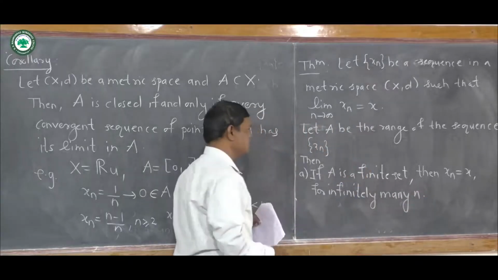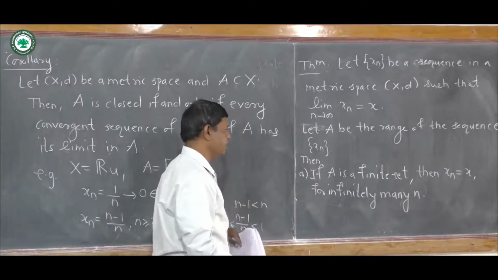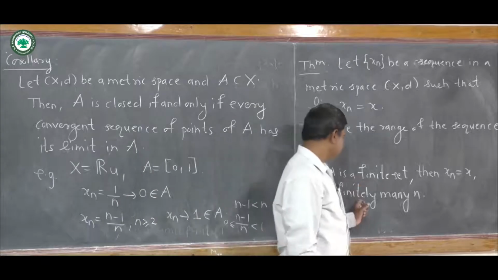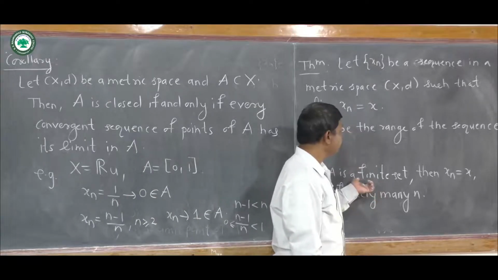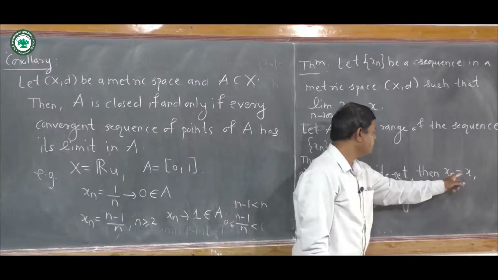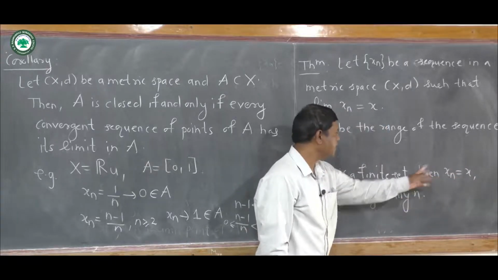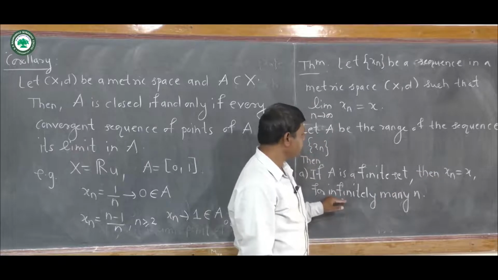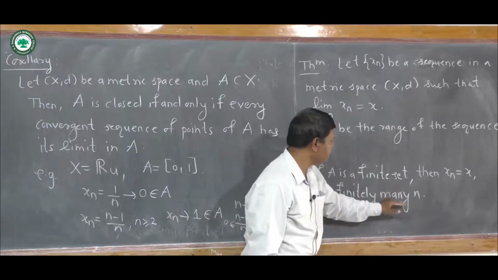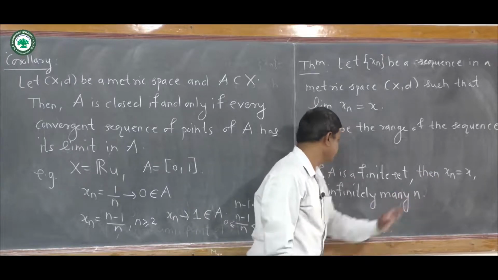That is, in that sequence we have xn equal to x for infinitely many values of n, that is, in that sequence we have the same terms for infinitely many values of n.